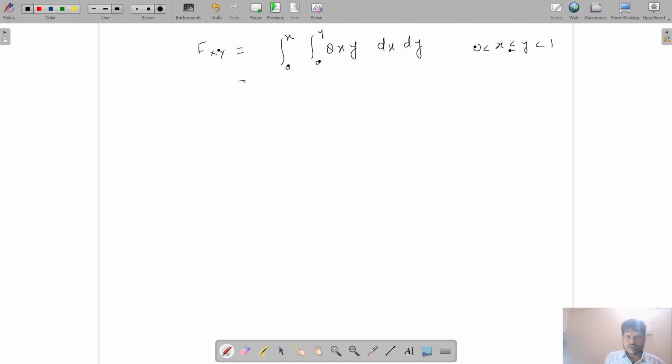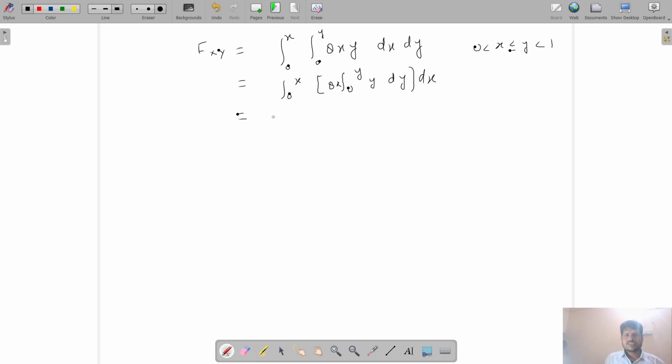Now, what do we have to do? See, this is 0 to x, the limit of x, and this is 0 to y. So we just integrate with respect to y. We write the density outside, and this is y dy, and then dx.